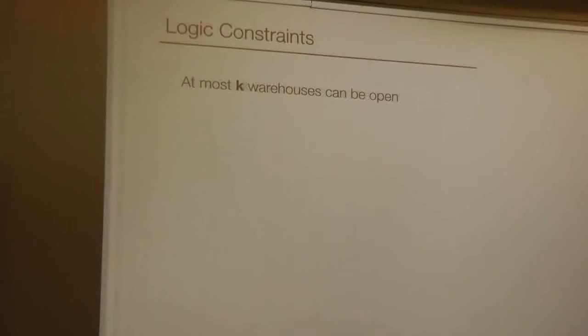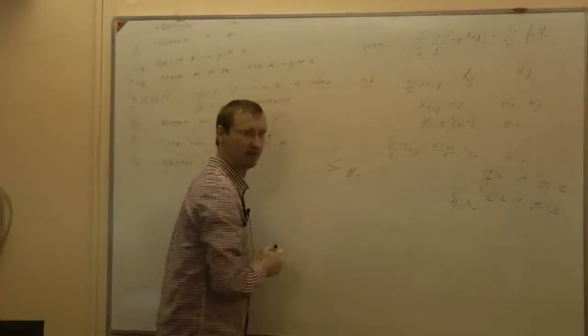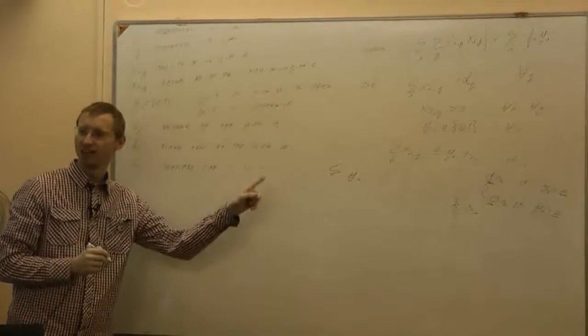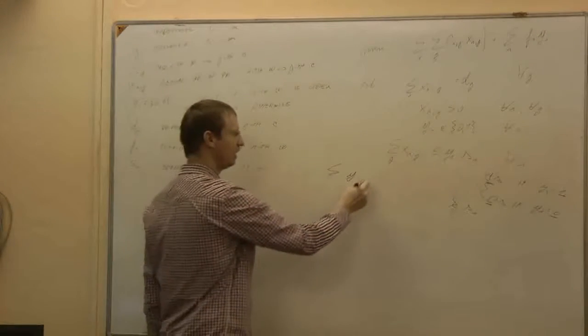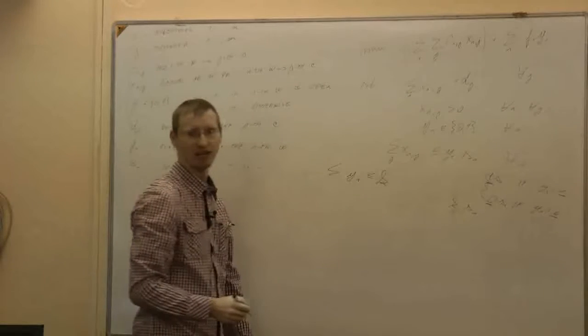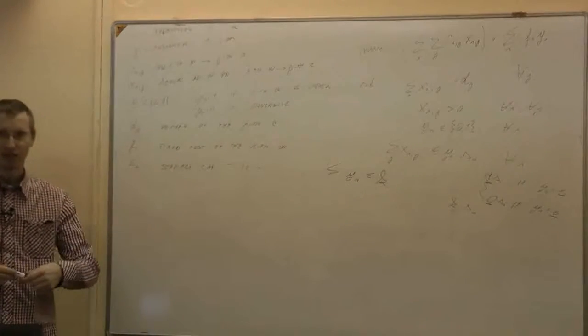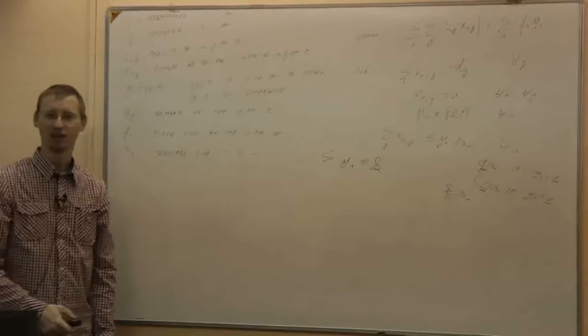Which variable tells us a warehouse is open? yi. Which combination of these variables tells us how many warehouses are open? It's just the sum of yi. Right? That's the number of warehouses that are open. So if we want it to be smaller than k, we just add this constraint to the optimization problem and the requirements are respected. Okay?